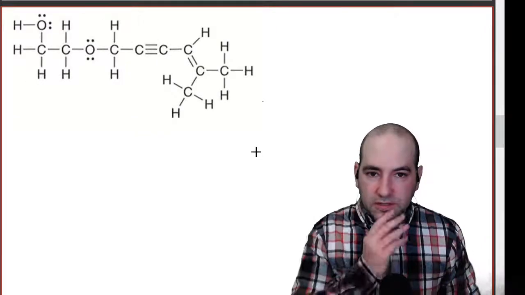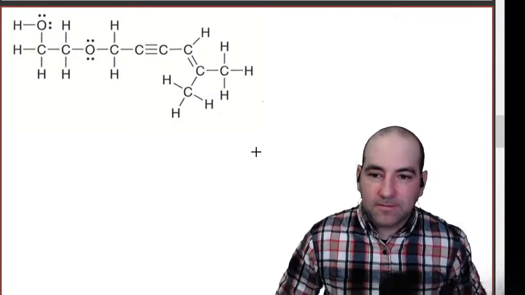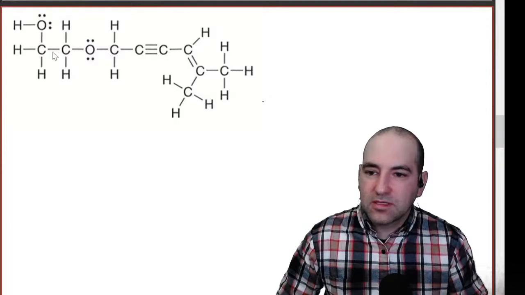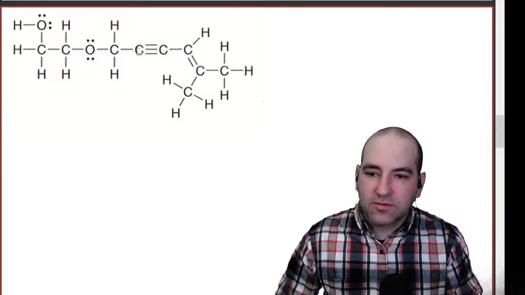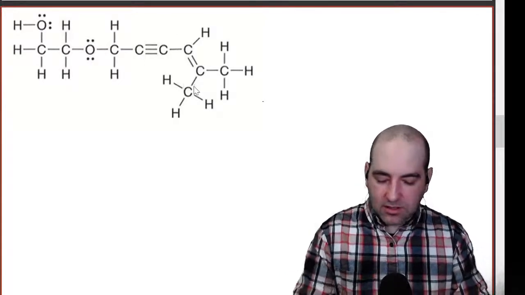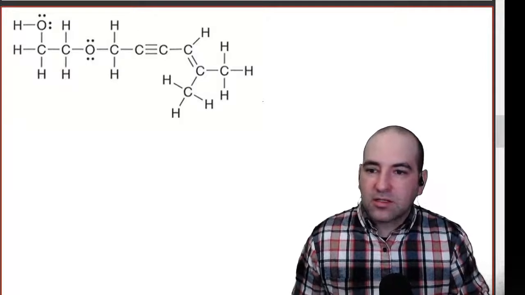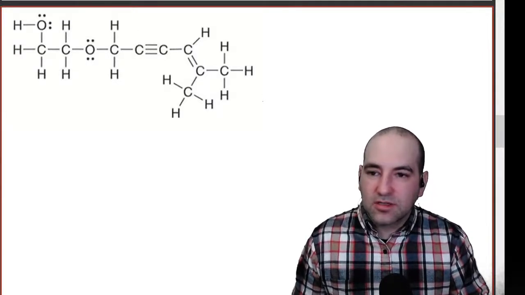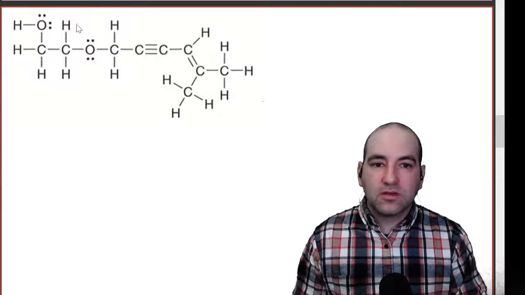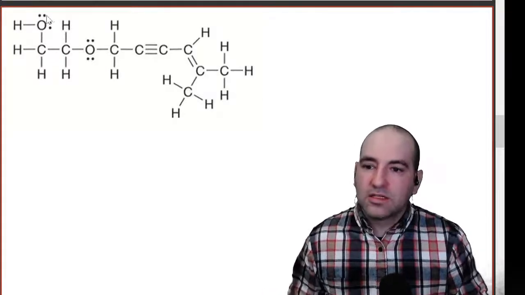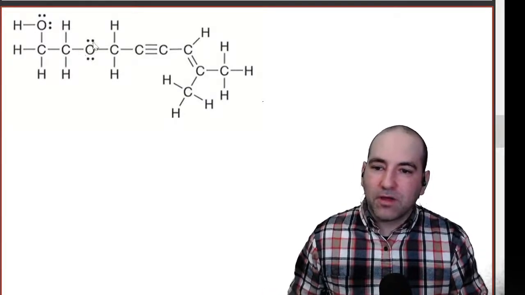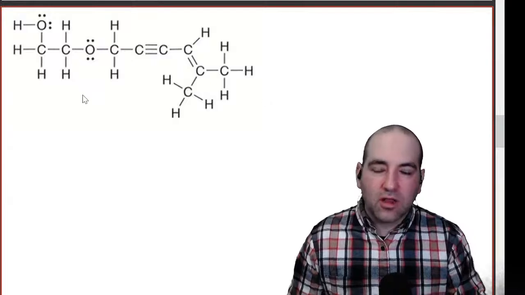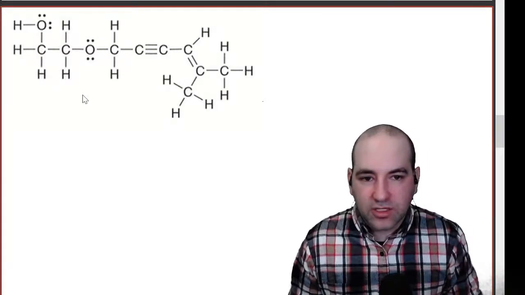All right, so here's our Lewis structure, and there's a lot going on here, right? You've got some C's, some O's, all kinds of stuff, some triple bond, a double bond. It's a big thing. All right, so let's go through this step by step. So first of all, one thing you'll see in this particular book is they always have these dots around oxygens and nitrogens. Those are called lone pairs or non-bonding pairs of electrons.